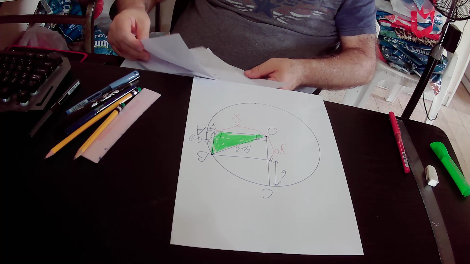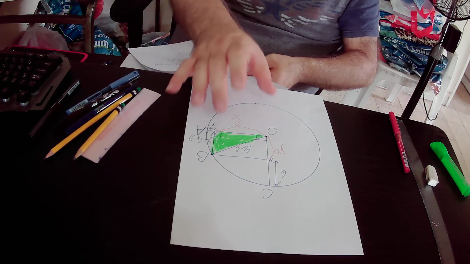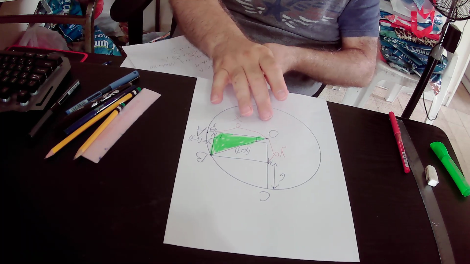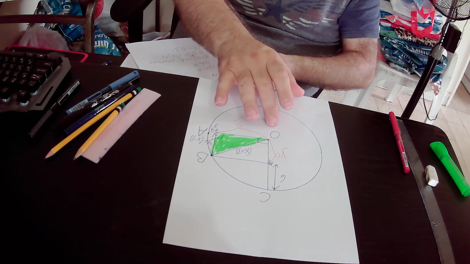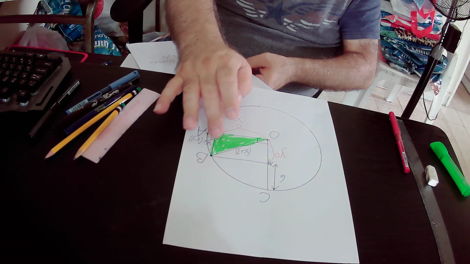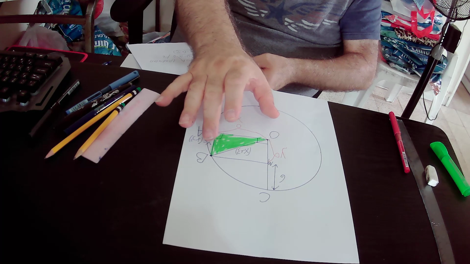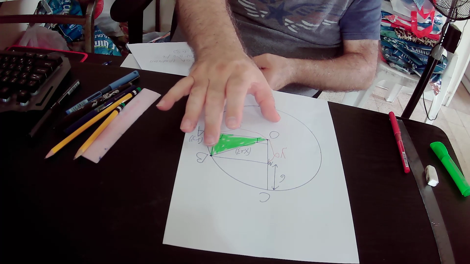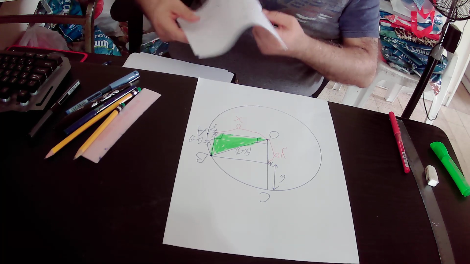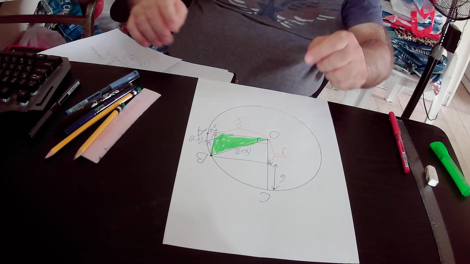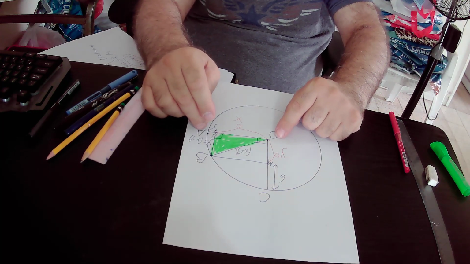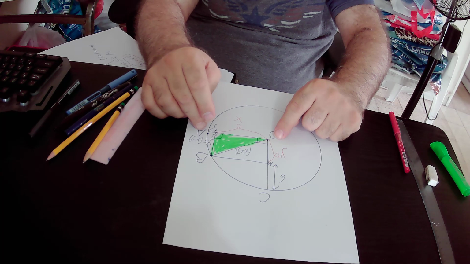Okay, and actually line segment OB is also the radius of this circle, because it starts from the center of the circle, that is to say from point O, and ends at point B, that is a point on the circle itself. For that reason, line segment OB is the radius of this circle. So both line segments OB and OA are the radiuses of this circle.